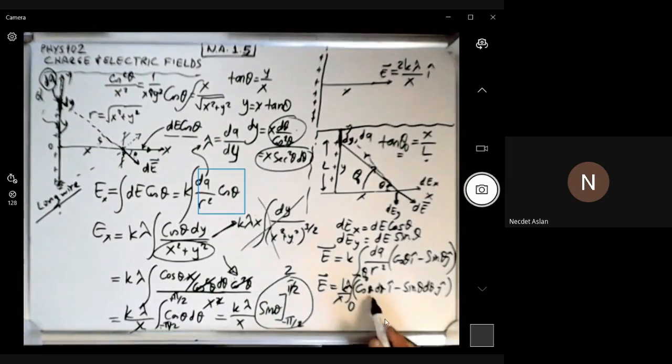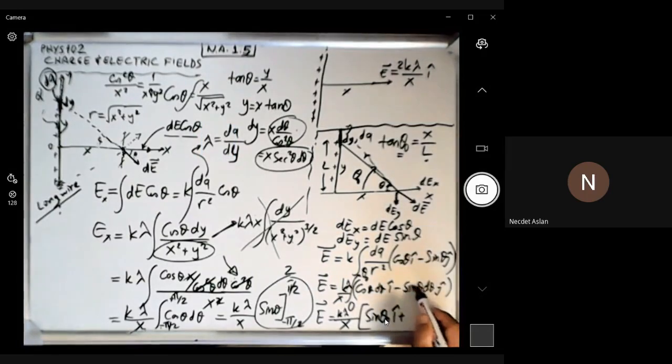So if you take the integral, you will have the electric field given by k lambda over x. Cosine theta will give you sine theta, but sine theta is 0 at the lower limit. So when you put the upper limit, you will have sine theta 0 times i, plus now sine theta will turn into cosine theta.